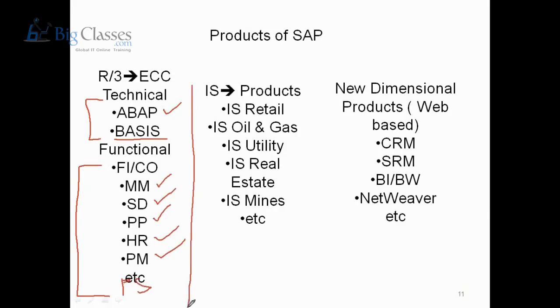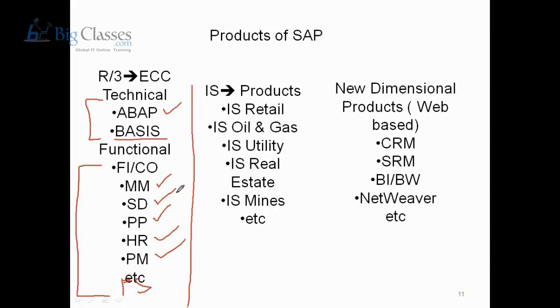Let's say it's a manufacturing concern, like Maruti or Toyota. If they go for SAP, which modules will they opt for? All modules: finance, costing, purchase, sales, all the modules.